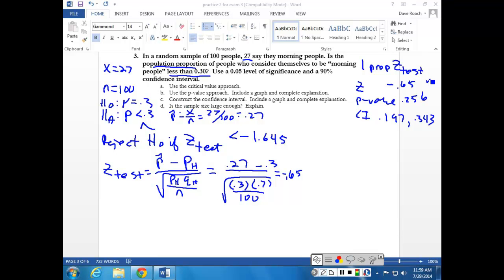Minus 0.65 is not less than 1.645. So we fail to reject H0.